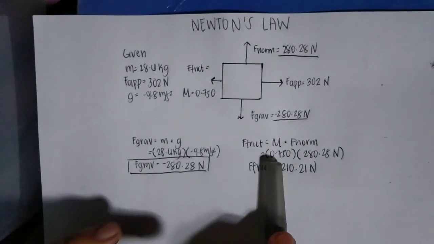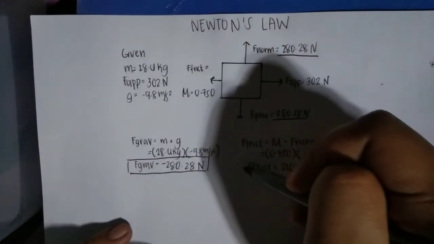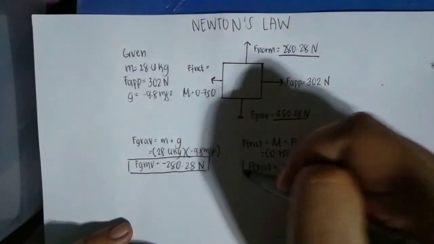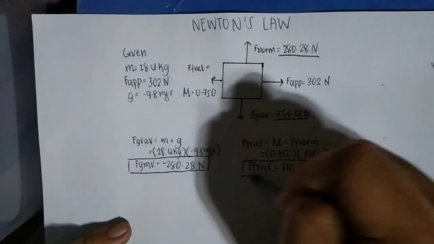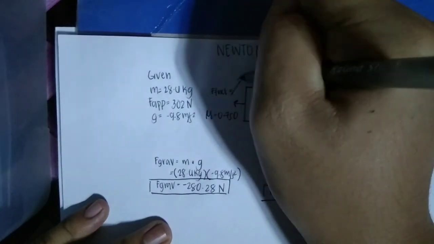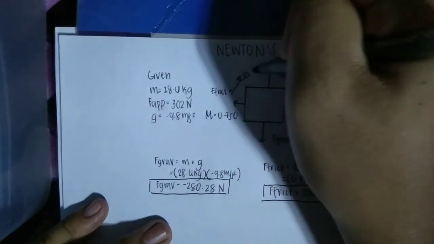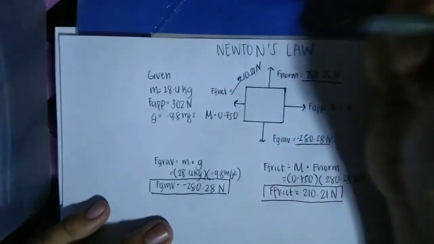Our coefficient doesn't have any unit. So our F fric is equal to 210.21. Let's put it here in the diagram: 210.21 newtons is the F fric.